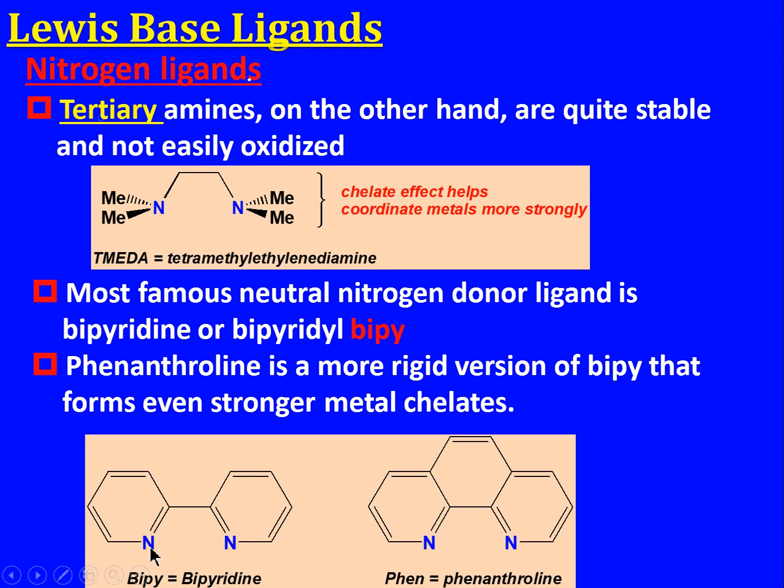Bipyridine is a 2-electron donor from one nitrogen or a 4-electron donor from the two nitrogens.